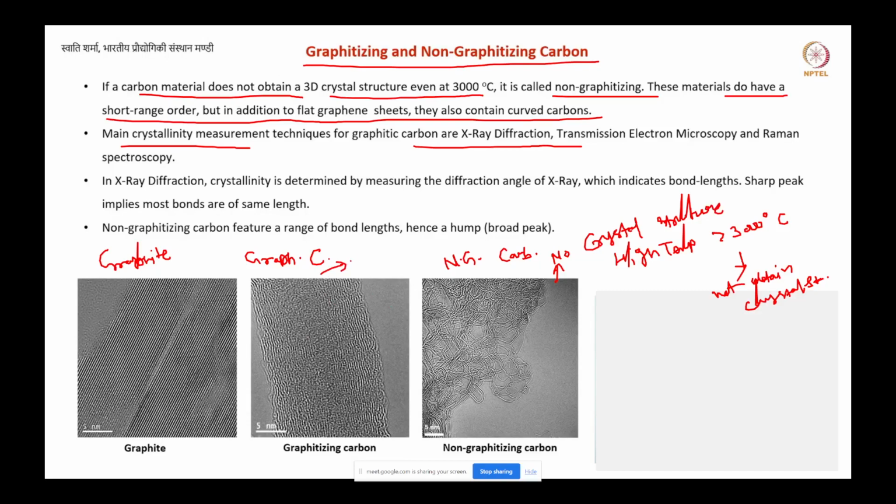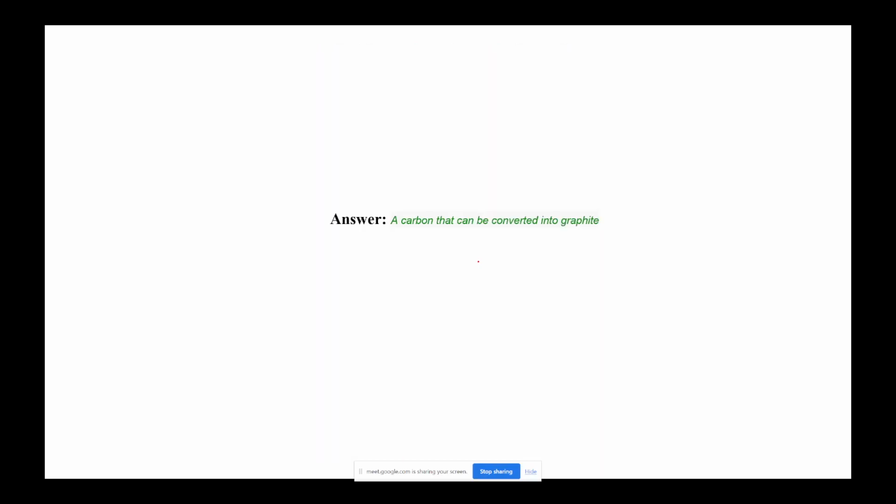The orientation is also good. So you can see the crystal structure here, but here it is not forming any crystal structure even at a high temperature. Here the alignment is also good and it is forming a crystal structure. So this is all about this. Graphitizing carbon is that carbon which can be converted into graphite. I hope this is clear.